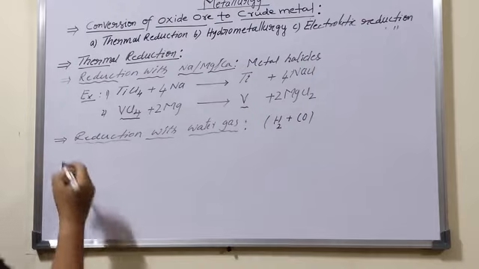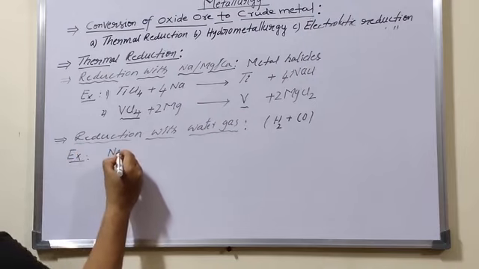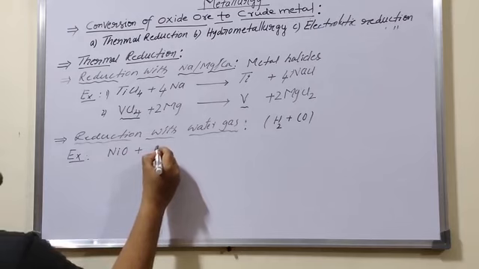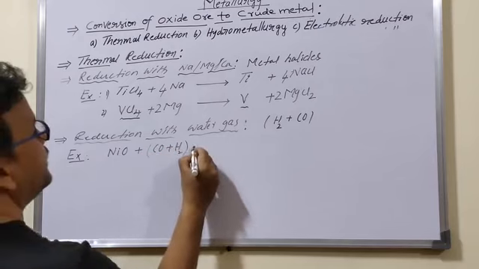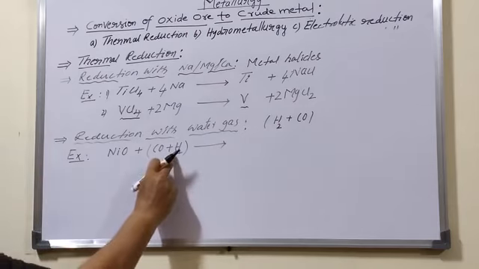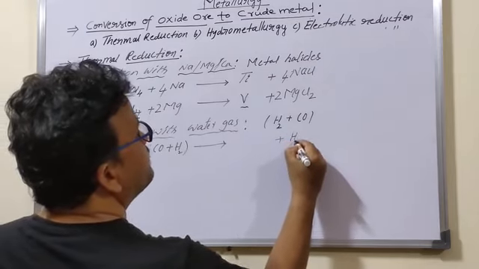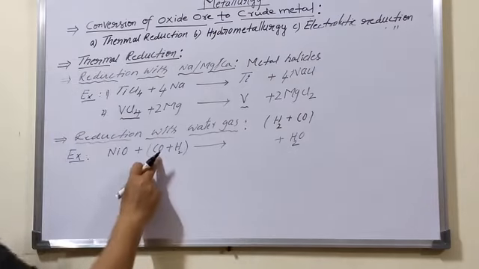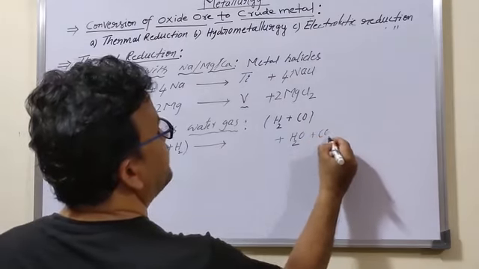Here I am taking nickel oxide as an example, using water gas as a reducing agent. I told you both act as reducing agents. First, hydrogen acts as a reducing agent and forms water. Carbon monoxide acts as a reducing agent and forms carbon dioxide.